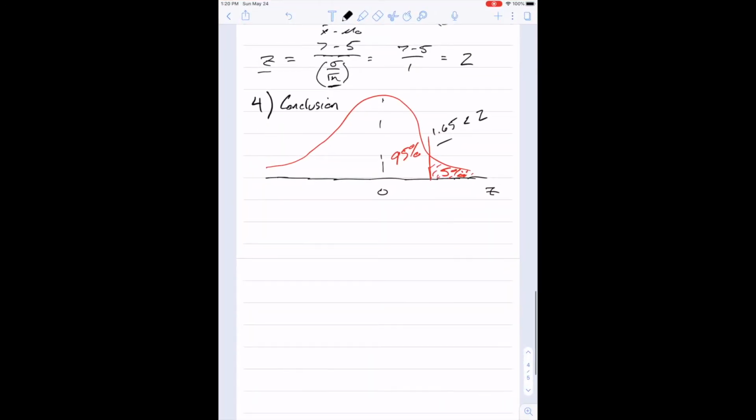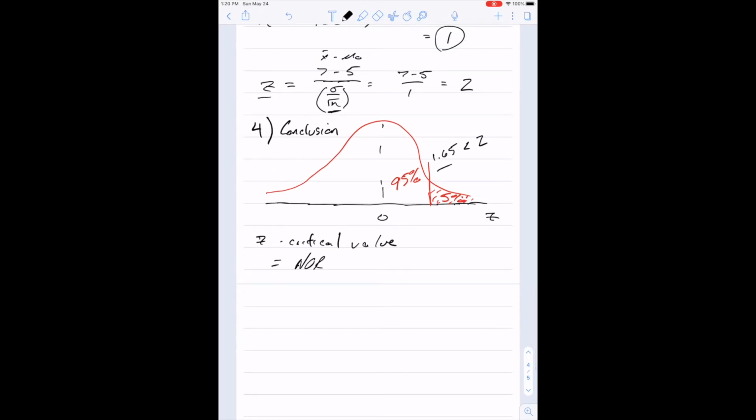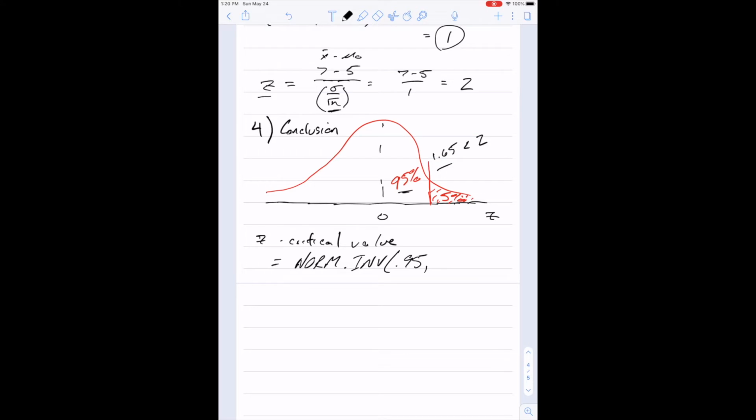The other way to do that, the z critical value, is the better way in Excel: equals NORM.INV(0.95, because it's looking for the area to the left. 5%, the alpha, is to the right in this case because we're doing an upper tail test, comma 0, the mean of a z distribution, 1, the standard deviation of a z distribution.